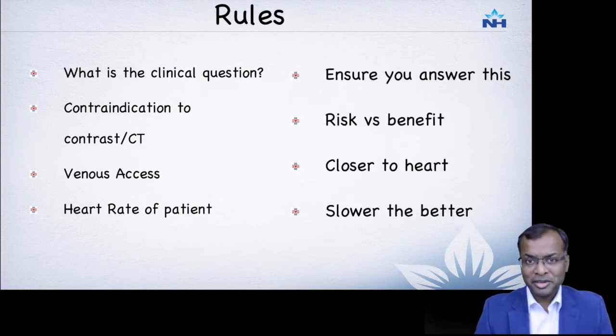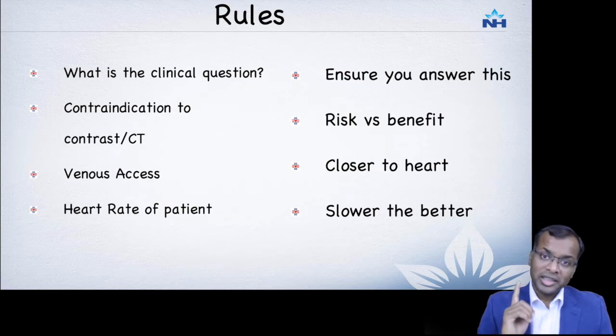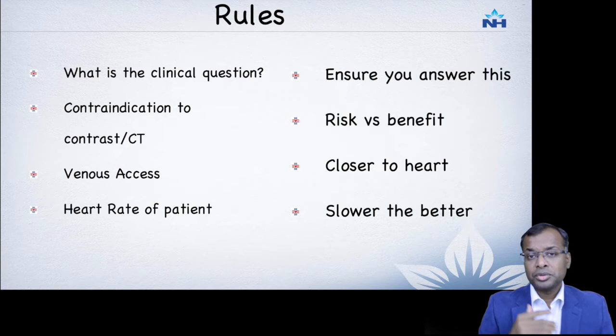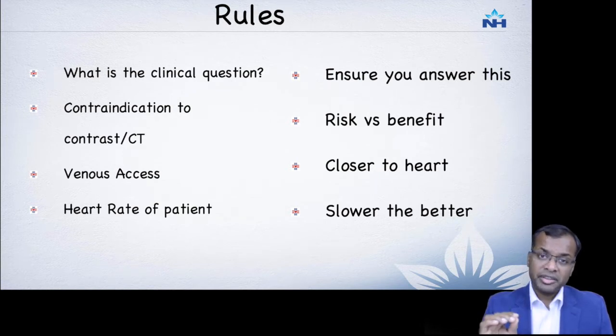So, as a summary, remember to know what the clinical question is and ensure that you are imaging to answer that question. Secondly, consider the risk versus benefit ratio when it comes to doing contrast or CT examination in patients where it may be contraindicated. Also, put the venflon, or the venous access, closer to the heart.